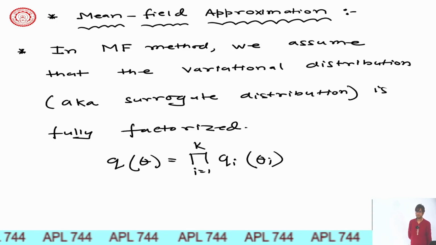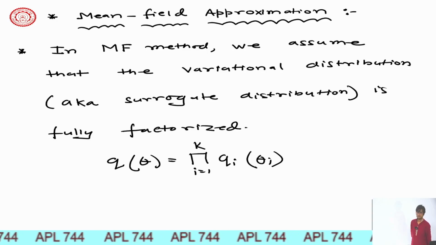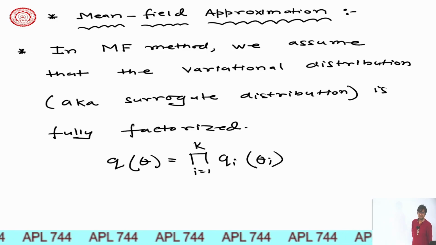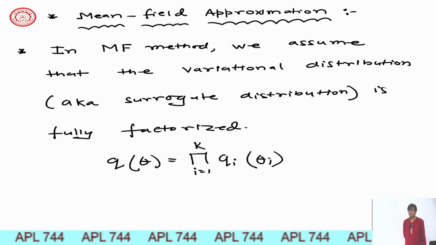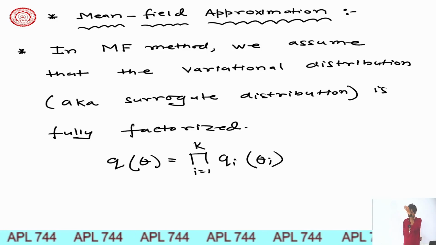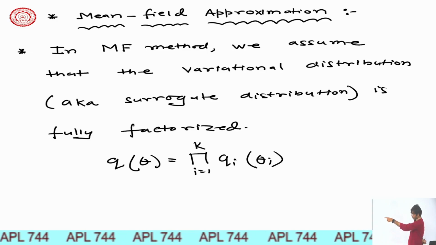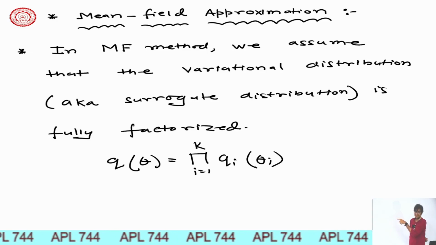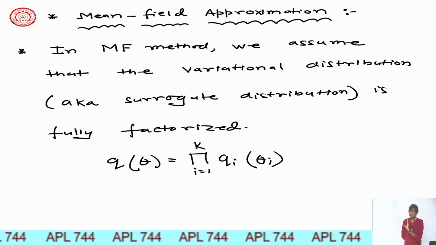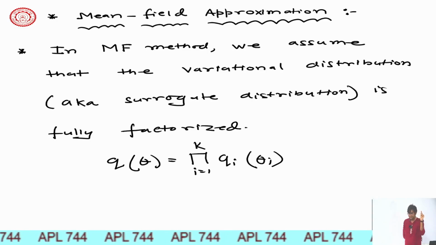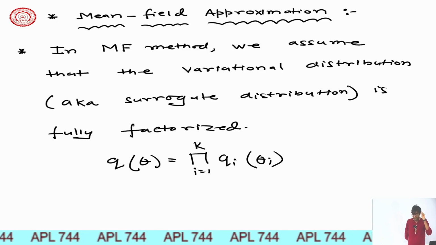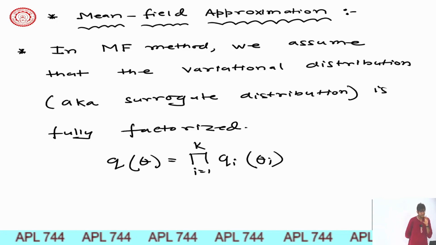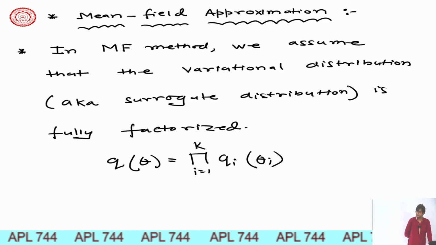Can you tell me? Q_i will be fixed, so it will become q of theta_i or q bar of theta_i, something like that. Now the distribution is changing with i, so it is q_i, because if it were identical, then for any i you would get the same distribution. Fully factorized means independence assumption. Okay, clear?